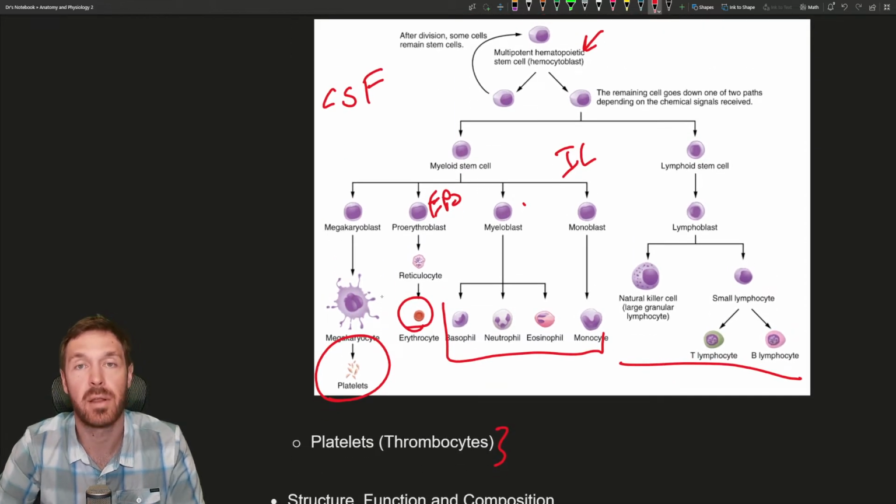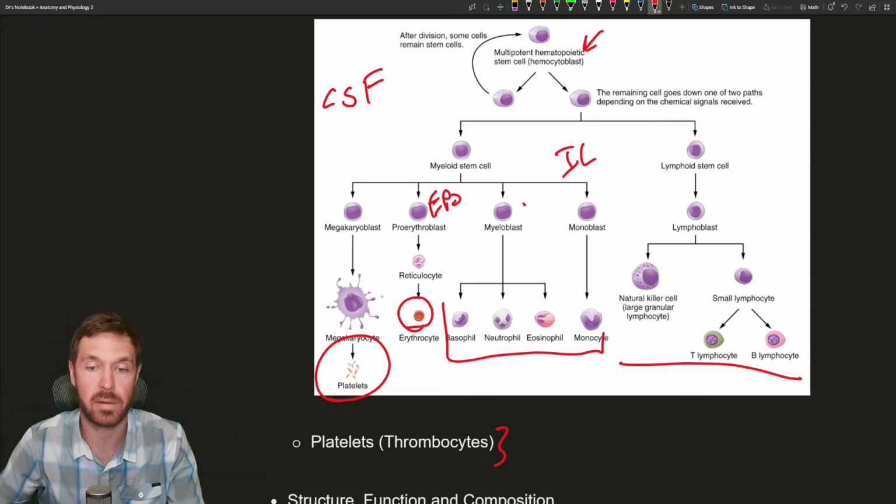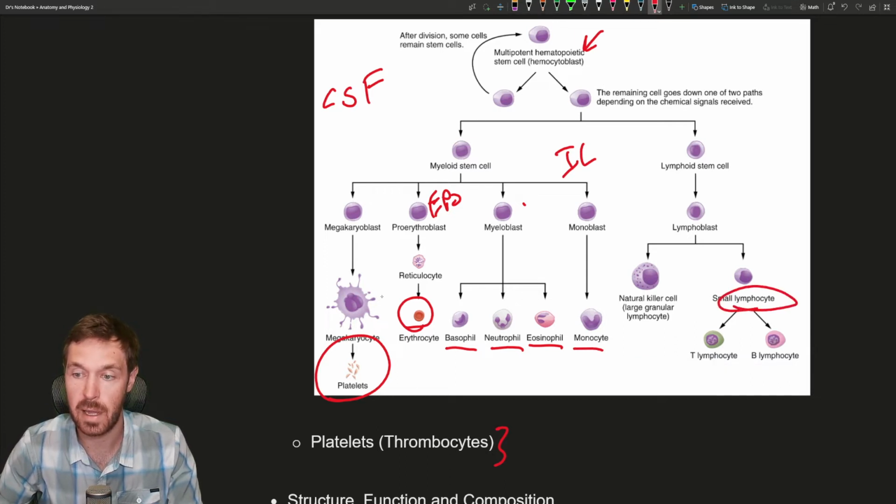White blood cells all play an important function in our immune system. They are all phagocytic to some degree, so they can reach out and engulf other things. The white blood cells are the basophils, neutrophils, eosinophils, monocytes, and then your lymphocytes. Lymphocytes are broken into your T cells and your B cells.